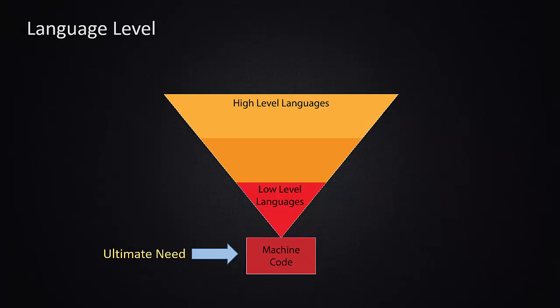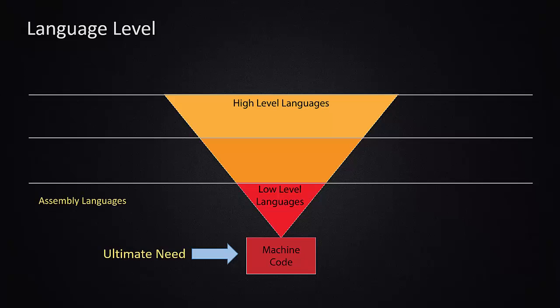And so depending on a lot of factors, like how much control you have over hardware and how much complexity there is to the language, how much it does for you, is where we would generally place these things on this continuum. At the lowest level, we have the assembly languages. Assembly languages are extremely high performance.